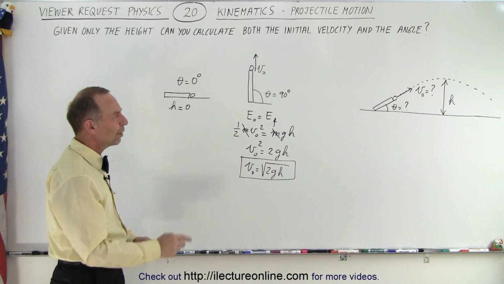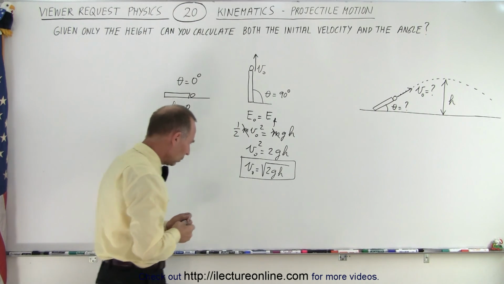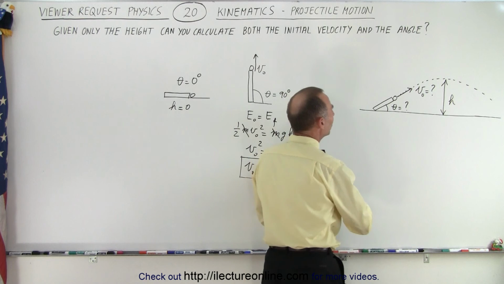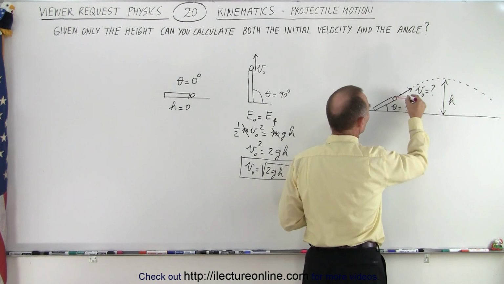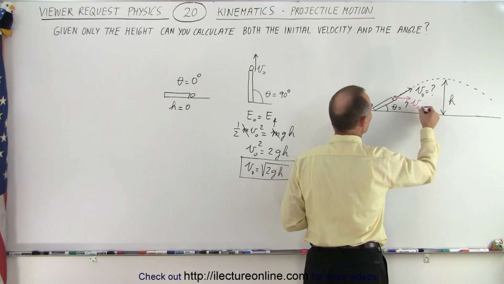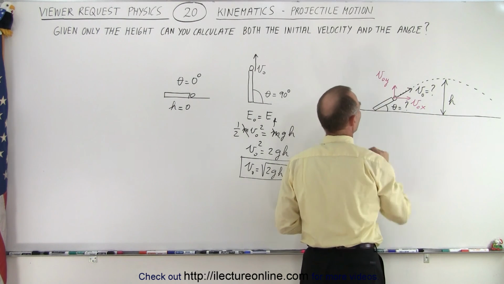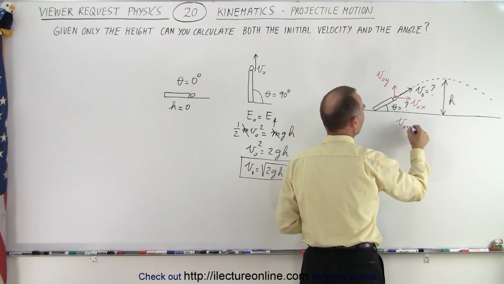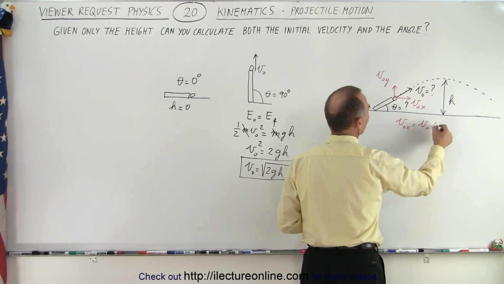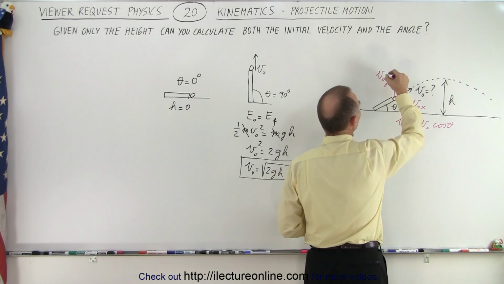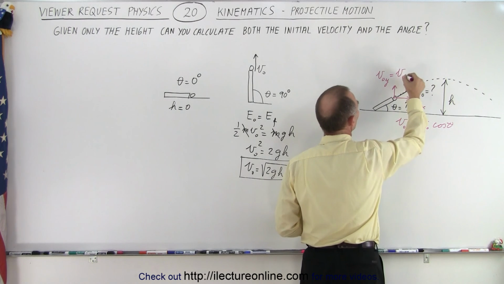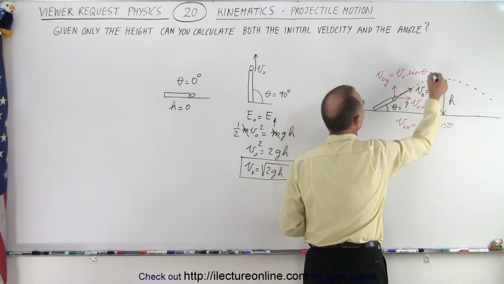But what if you shoot at an angle? Well, what happens then is you have two velocities. We have the horizontal velocity, v initial in the x direction, and the vertical velocity, v initial in the y direction. v initial in the x direction is equal to v initial times the cosine of the angle, and v initial in the y direction is equal to v initial times the sine of the angle theta.